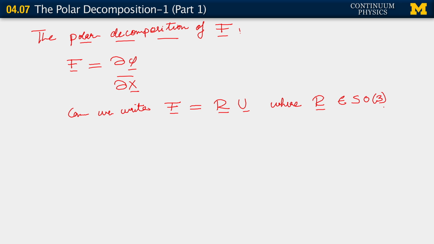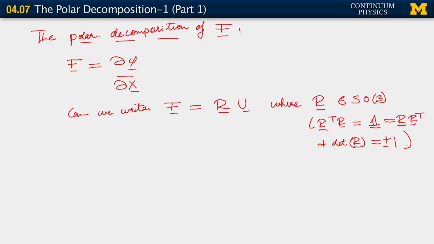It's a rotation tensor, it's orthogonal, which implies that R transpose R equals the identity tensor, which is also the same result that you get if you consider R R transpose. There is another result for R, which follows from this, which is that the determinant of R equals plus or minus 1. R is a rotation tensor.